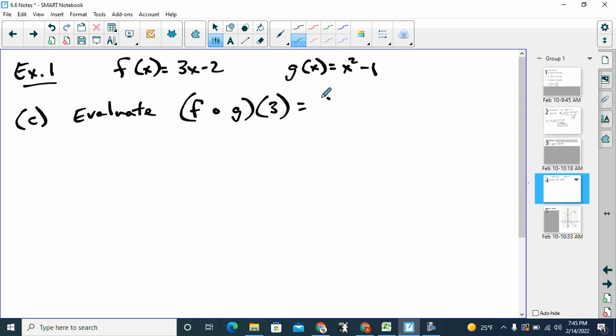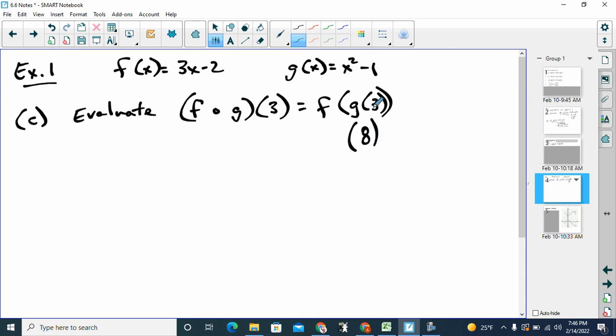(f ∘ g)(3) written like that. Again, I would always rewrite it. It is easier for me to understand if it's written like this: f(g(3)). Those two things mean exactly the same thing. We're going to start all the way inside the parentheses. We're just going to look at this g(3) right here. g(3) we should be able to evaluate. We just go to g(x) and we plug 3 in for the x. 3 squared is 9, minus 1 gives me 8.